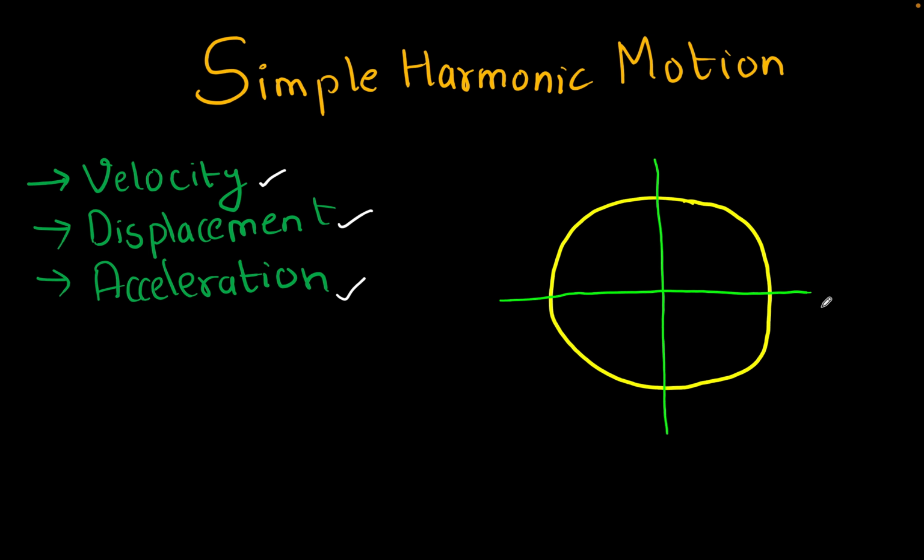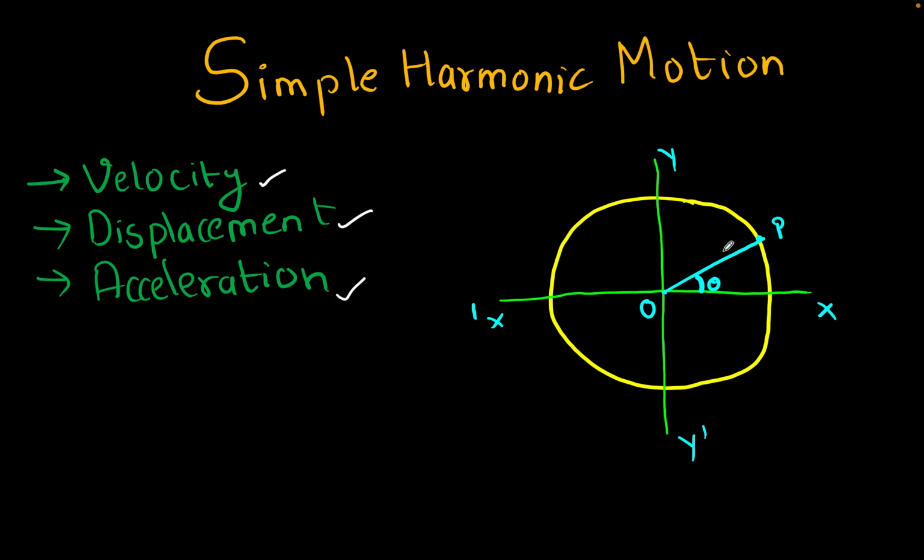And let's say this is x dash and this is y dash, and this is the point of origin. Now let's take a radius from point O to point P, that is going to be this, and this angle is going to be theta, right?